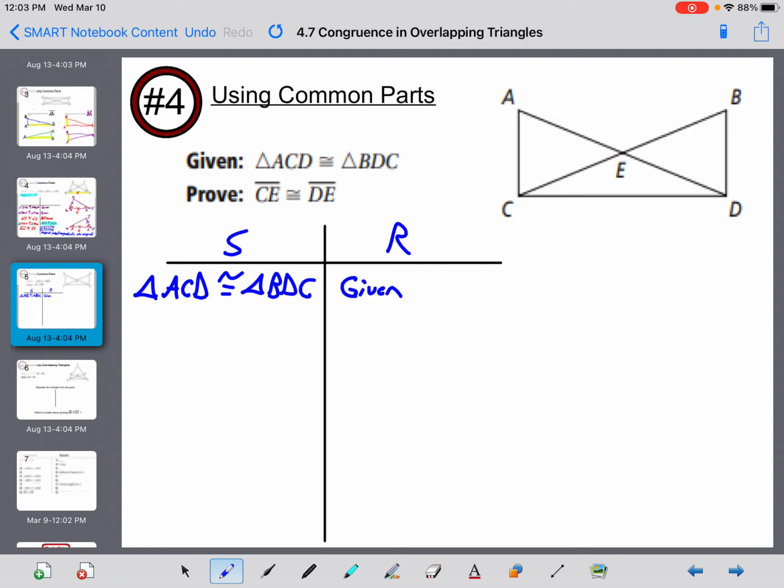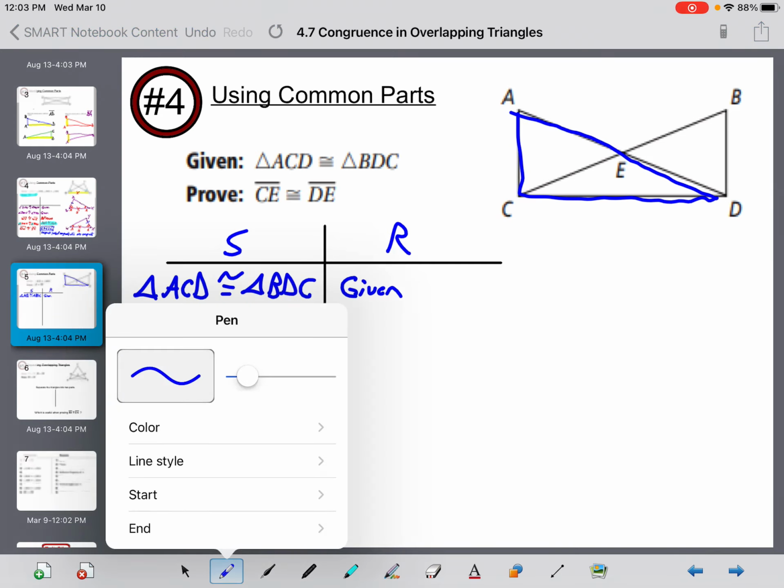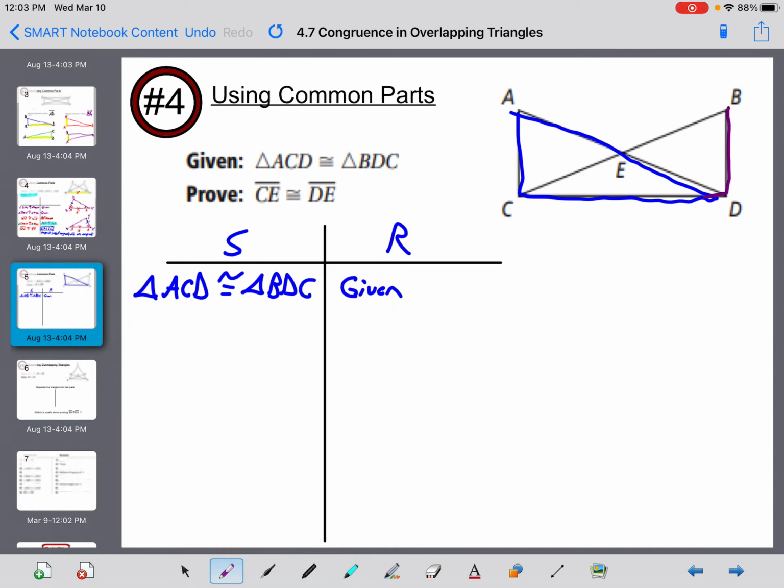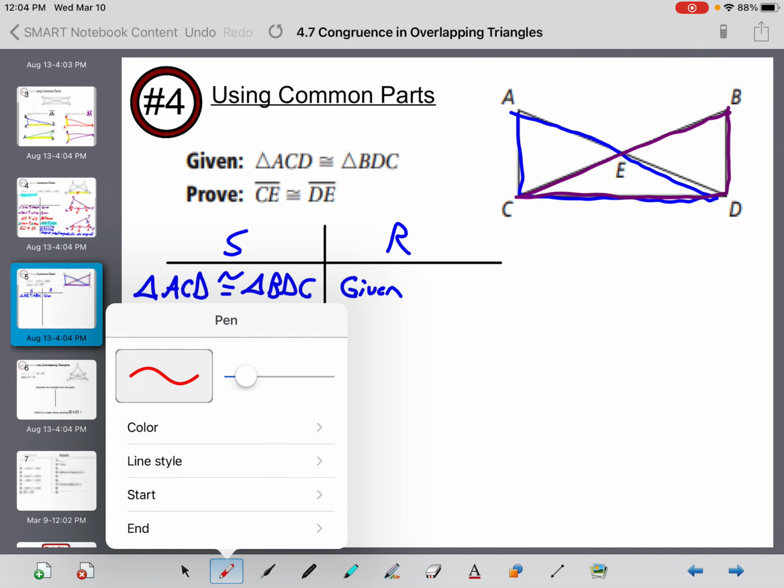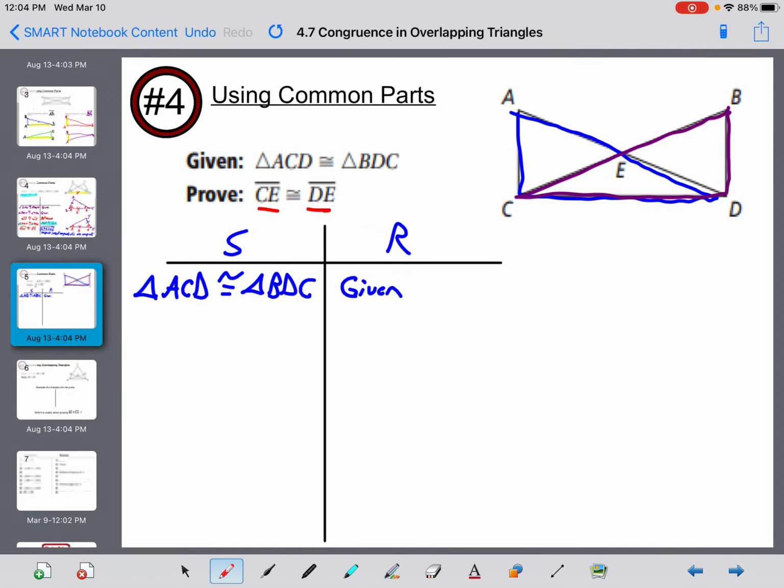Now, that's a problem because here is ACD and here is BDC. Okay? They're asking for CE and DE, which is only a piece and another piece. Now, those don't belong to the big triangles.